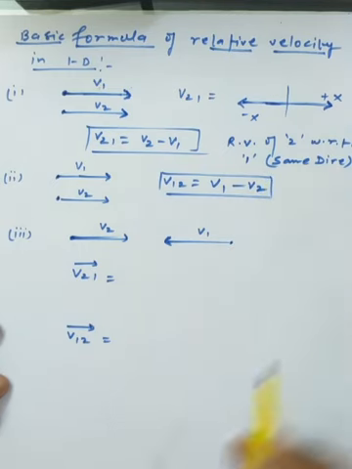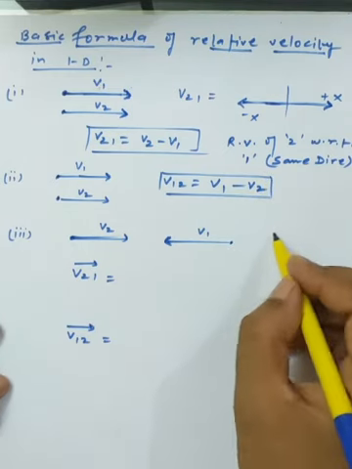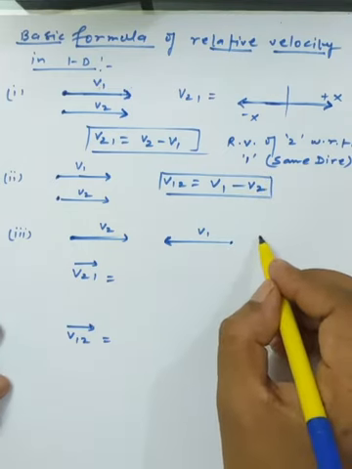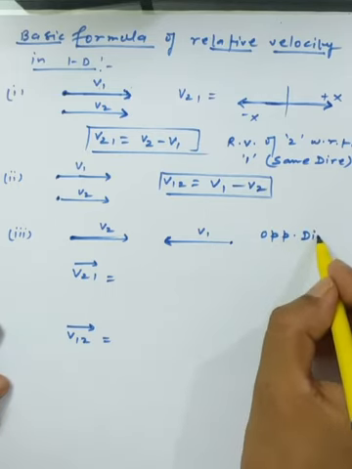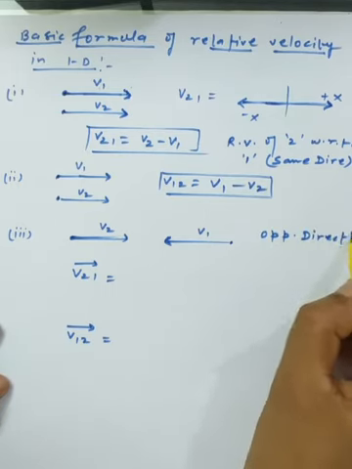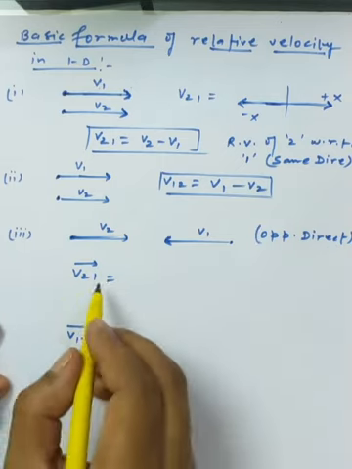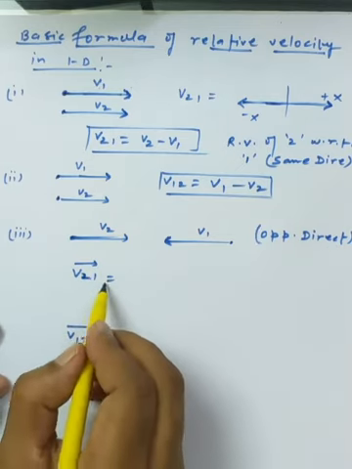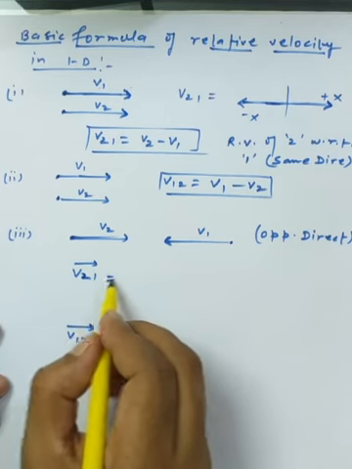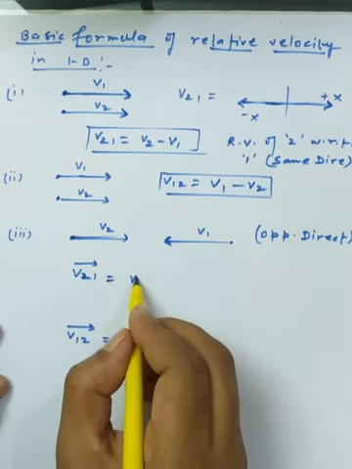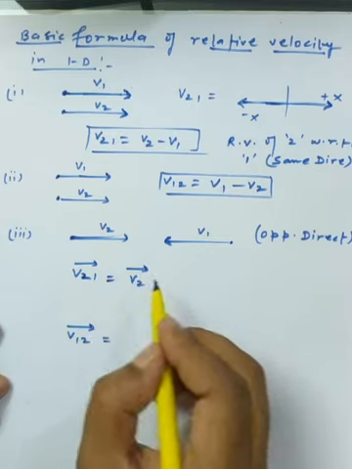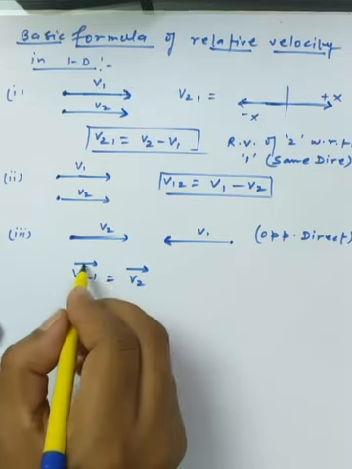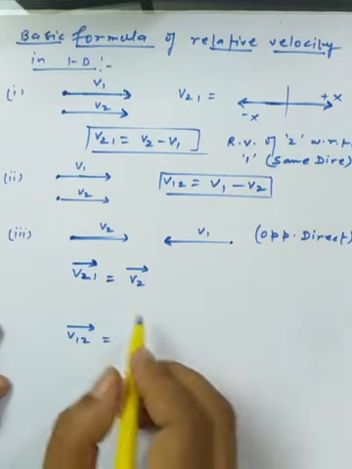Now we assume the two objects are moving in opposite directions. Someone is asking to find the relative velocity of 2 with respect to 1. So first we discuss the velocity of v2. I have pasted the vector sign there.